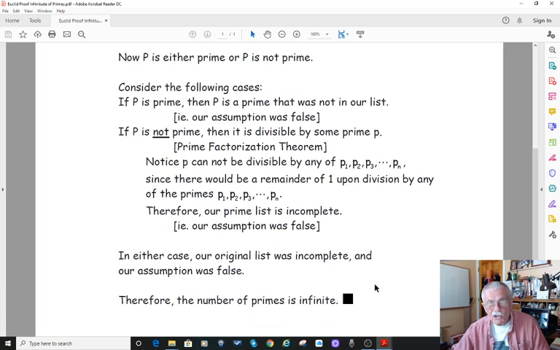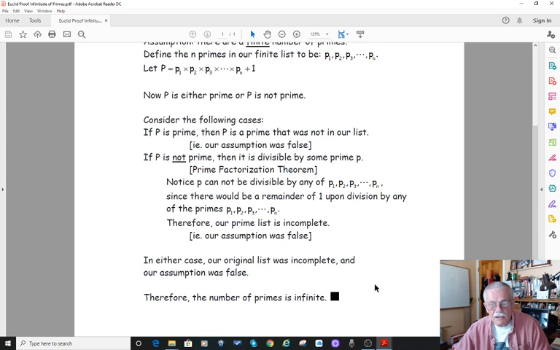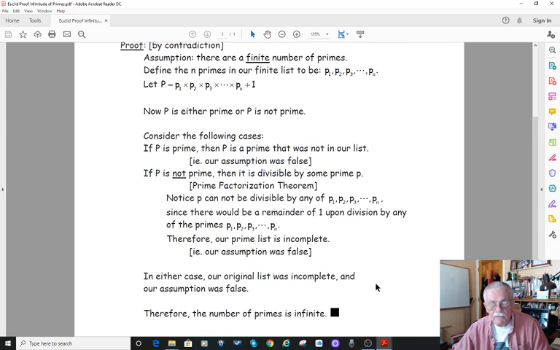So that's a cool introduction to a very, very famous theorem by a very famous mathematician 2,300 years ago, a proof by contradiction. Read this a few times, see if you can get it into your head, but it's one of the most beautiful proofs ever written. It's much shorter than this.